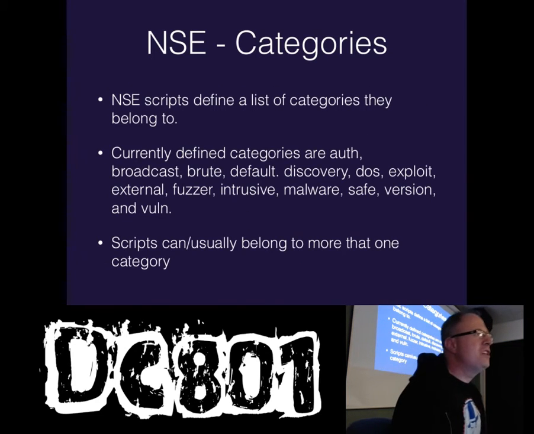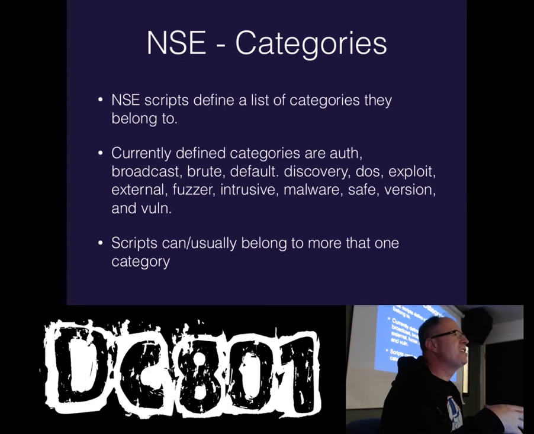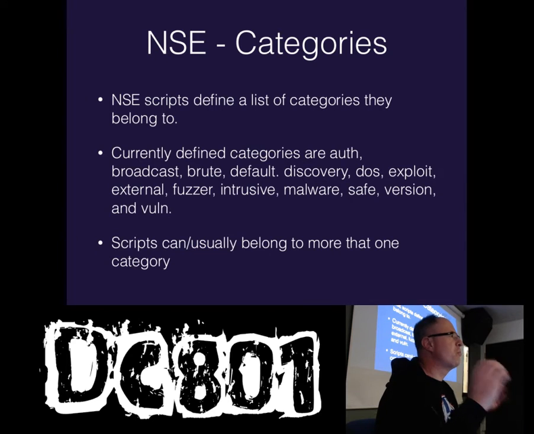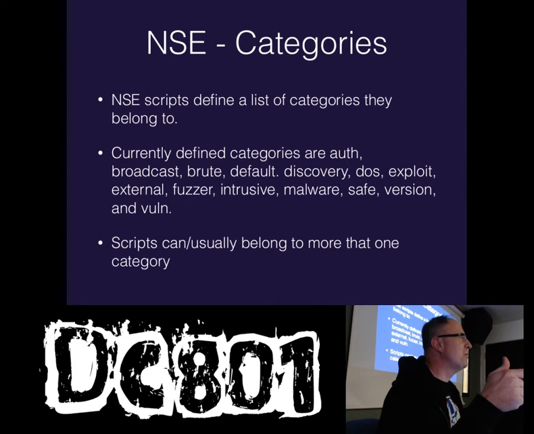Now, these scripts have categories. Some are safe. They do normal interaction and shouldn't break a machine. And some scripts try to abuse the behavior, and those are considered intrusive. You could use NMAP to discover a machine, port scan it, see a service you think is vulnerable, run a brute force attack, and get root. You use no other tool.